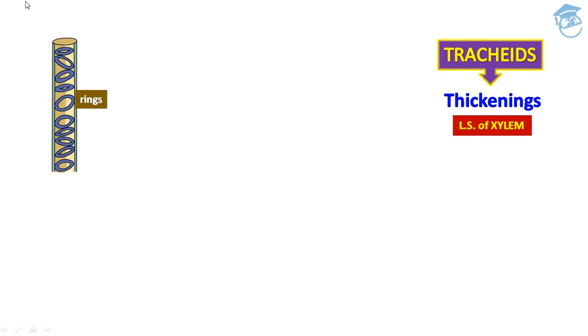See, these rings are deposition of lignin. This is showing the deposition of lignin in the secondary wall. As a result, a xylem vessel exhibits different types of secondary thickening. On this basis, xylem vessels can be distinguished into 5 types.